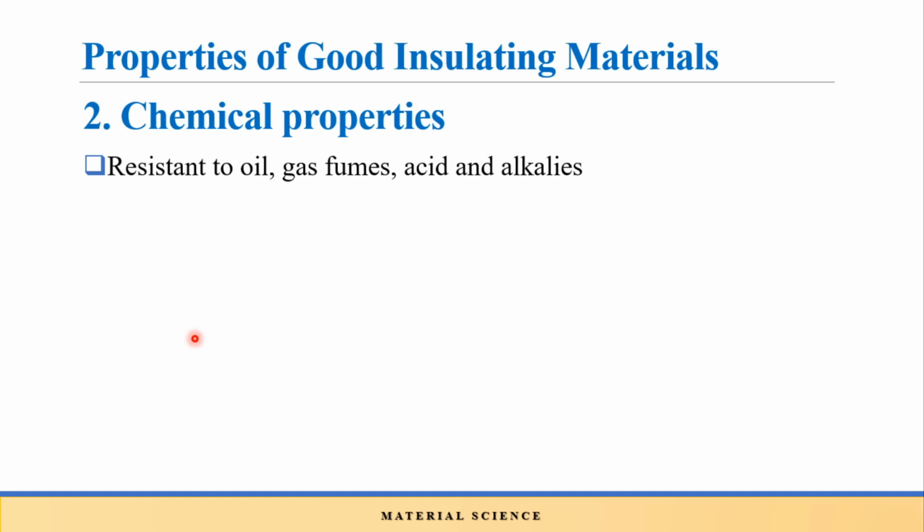There should not be any effect of oil, gas fumes, acids, alkalis on the insulating materials. In short, that material should be chemically stable, and it should not react with acids or alkalis. So this is the first chemical property of a good insulating material.